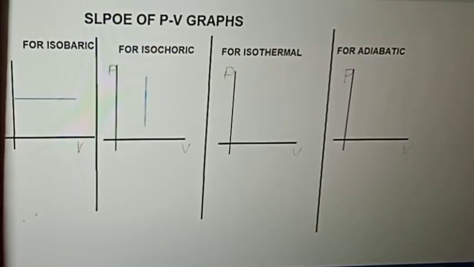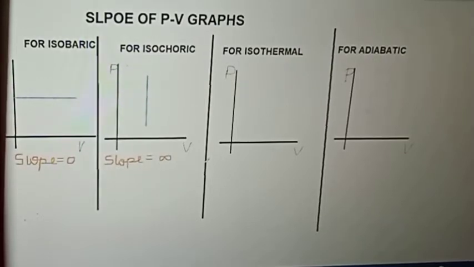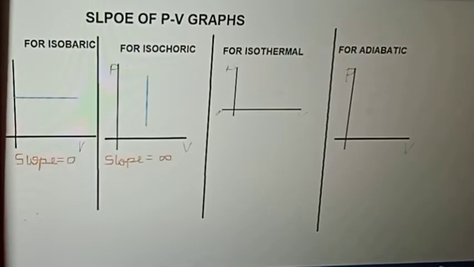Actually we are interested in the slopes of these PV graphs. For the isobaric process we know there's no slope, zero it is. For isochoric it is infinite because it is perpendicular upon the base.